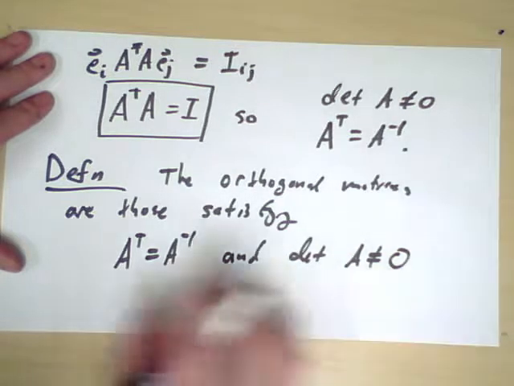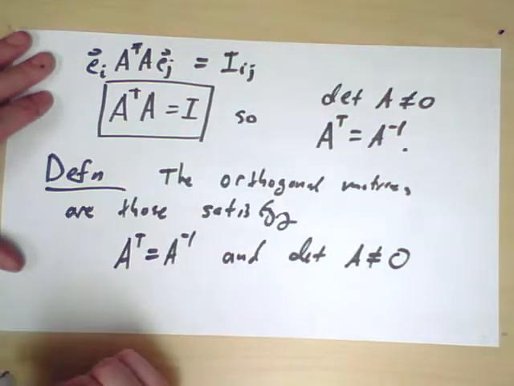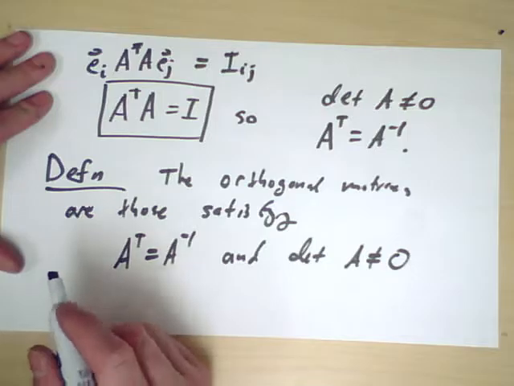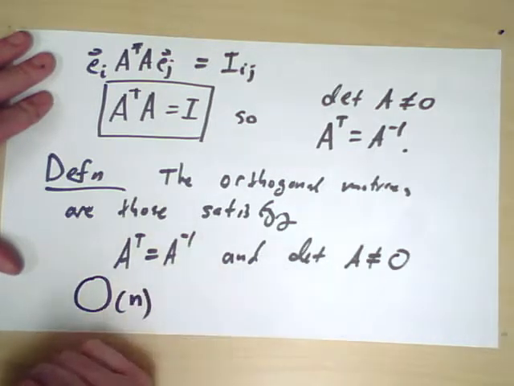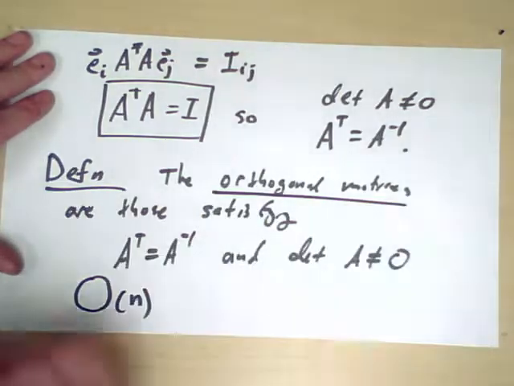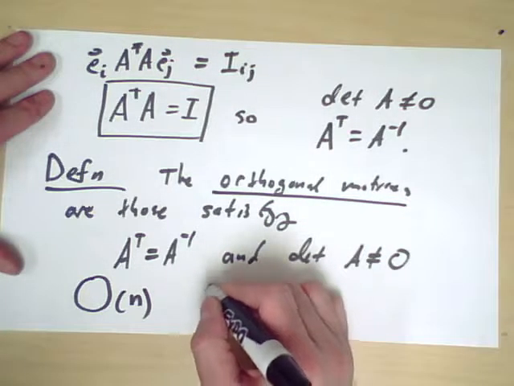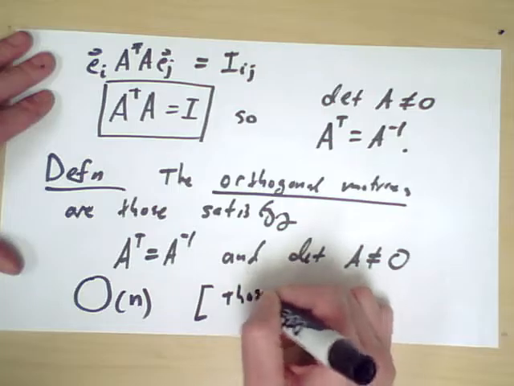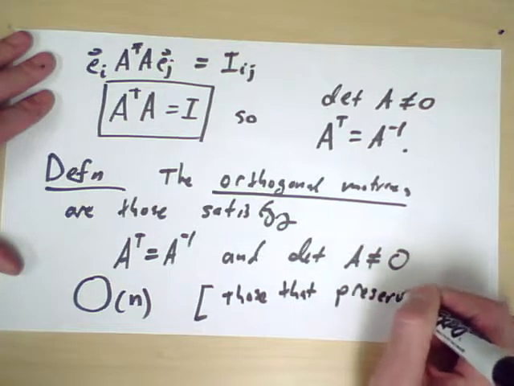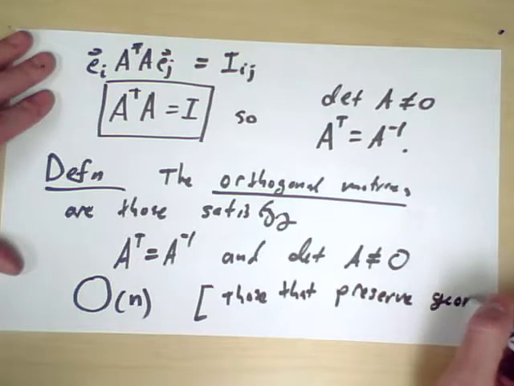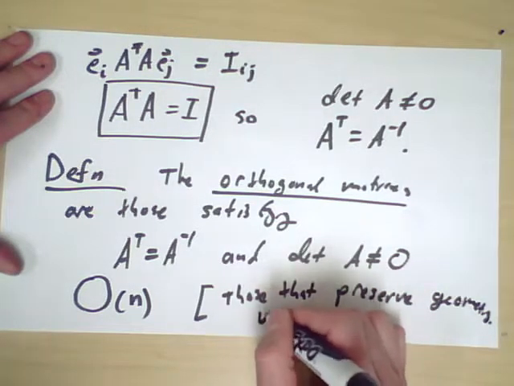Of course, the second condition is actually implied by the first once you say that A inverse exists. This is often written as O of n. Orthogonal matrices, those that preserve geometry via the dot product.